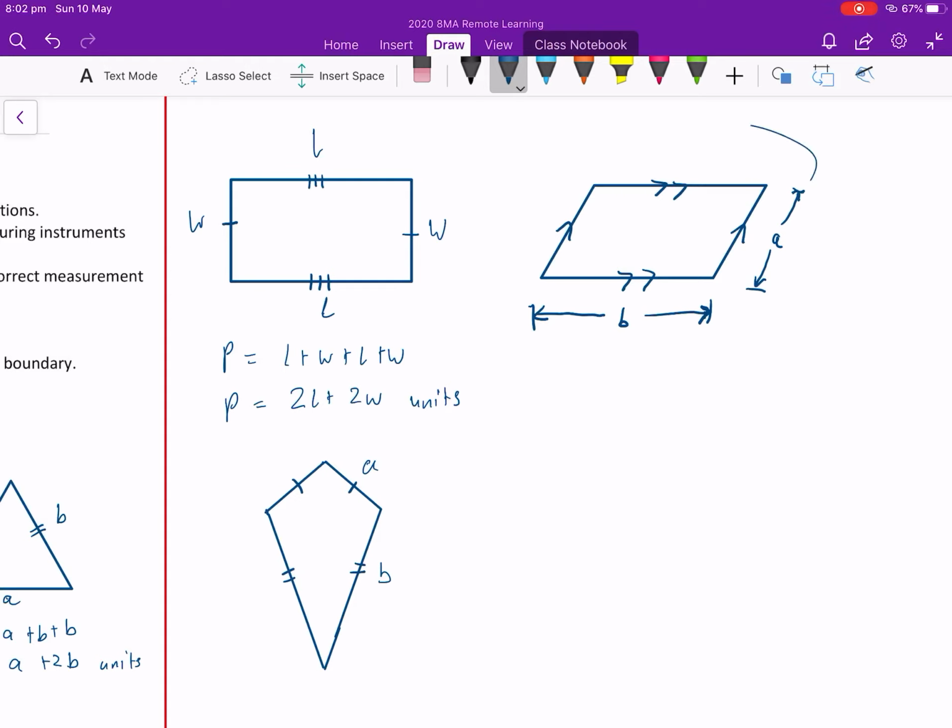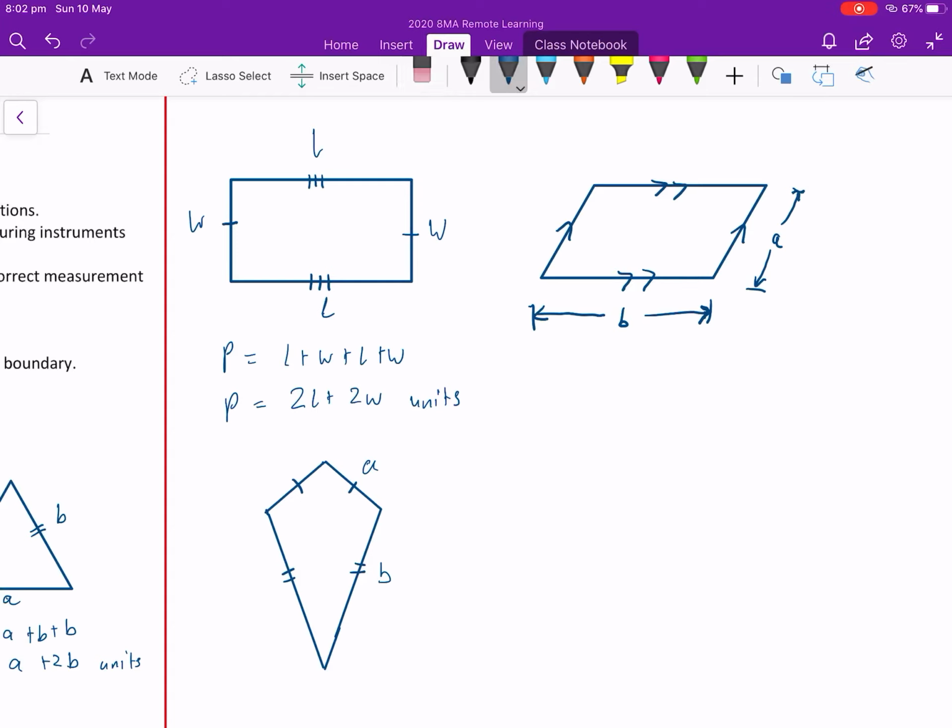Now, over here on the right, I have a parallelogram. Now, these arrows mean that if they have the same amount of arrows, they're going to be parallel. So parallel lines mean that they have the same direction and they will never meet. So they will always have exactly the same distance between them.